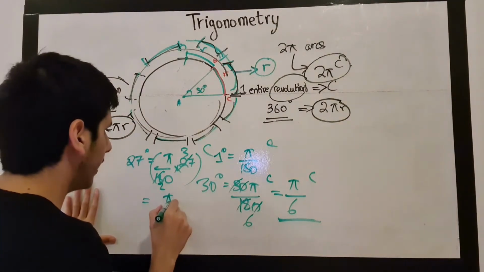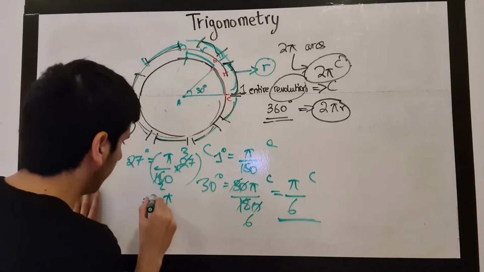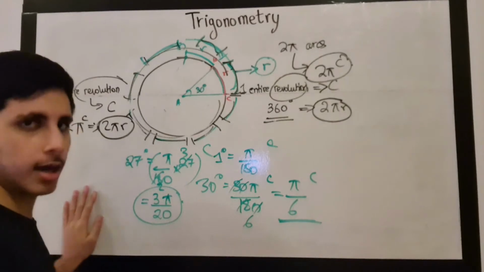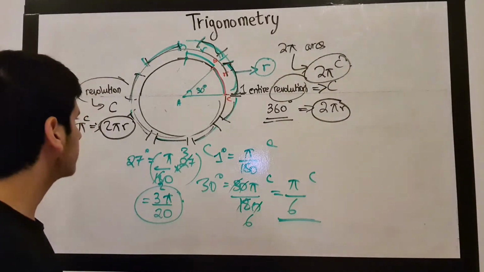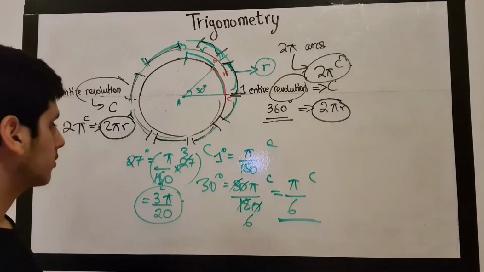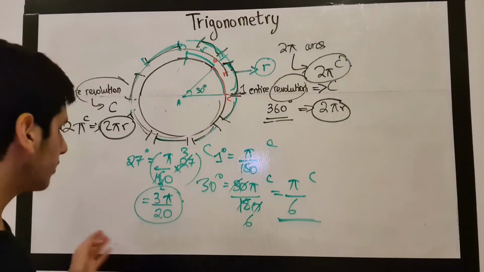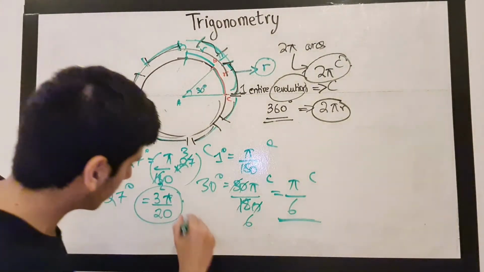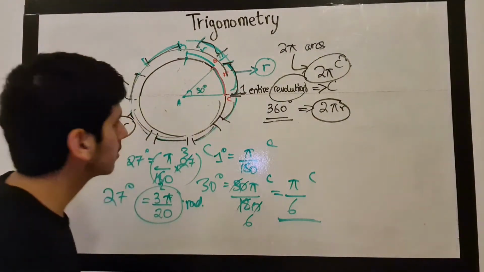So it would be 3 pi over 20. That's the most you can simplify. So 27 degrees is 3 pi over 20 radians, or rad, or with the superscript C.